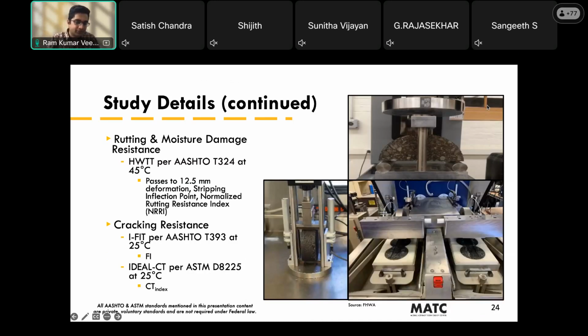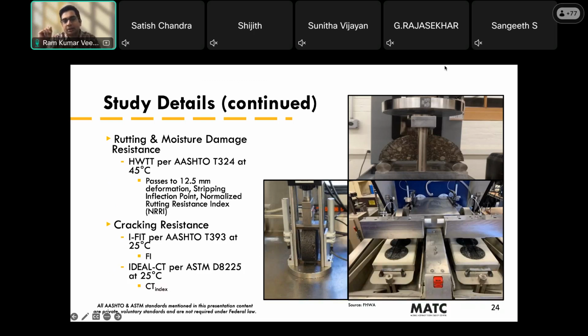So for this study, for rutting and moisture, they were using the Hamburg wheel tracking test. They used AASHTO T324 to test their asphalt mixtures at 45 degrees Celsius.